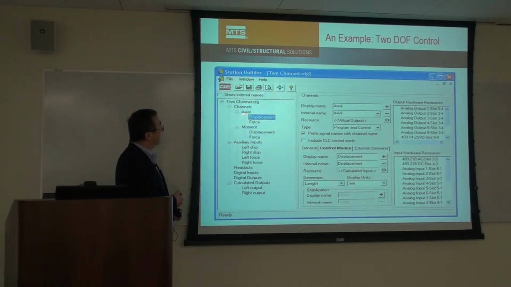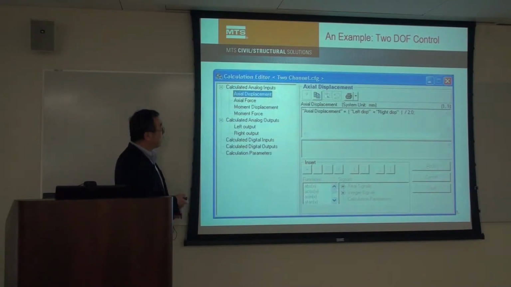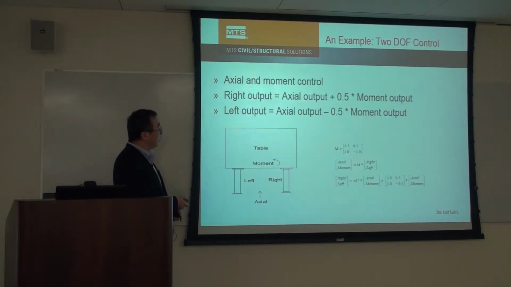First you set up one translational and one rotational degree of freedom, where the feedback is not from a specific transducer. You need to enter the equation to calculate the translation: left plus right divided by 2. That's right here, this relationship.